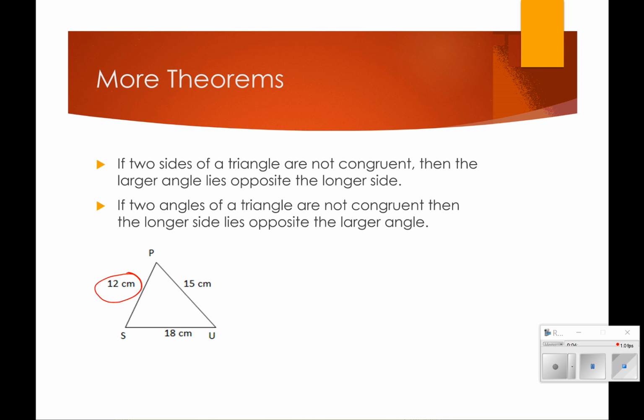That's my smallest side, which means that angle U is my smallest angle. And the largest side is SU, so the angle opposite, the one that's not part of that side, is angle P, and angle P would then be the largest. So I've got my smallest angle opposite my smallest side and my largest angle opposite my largest side.